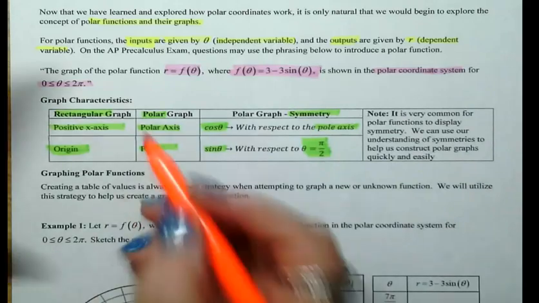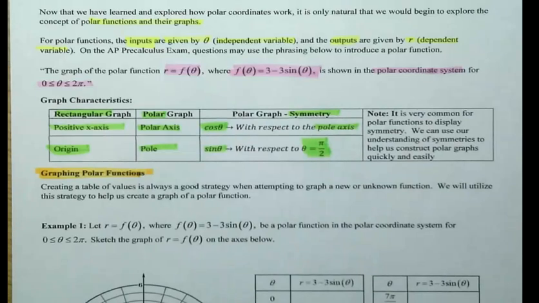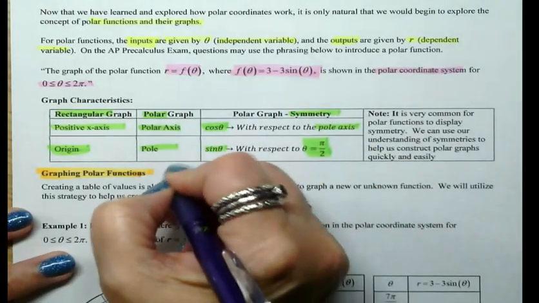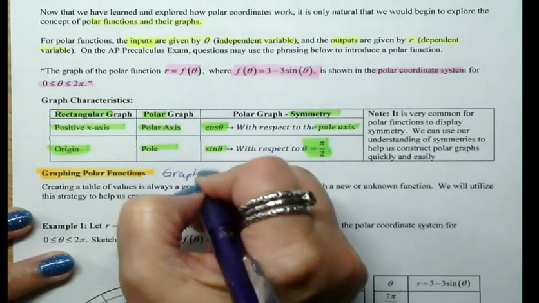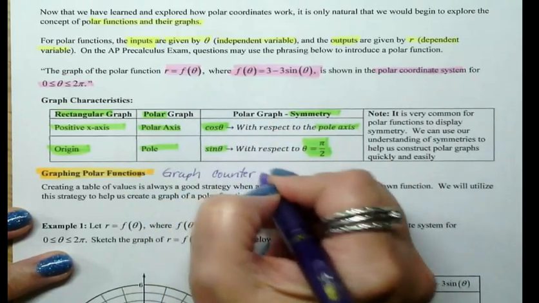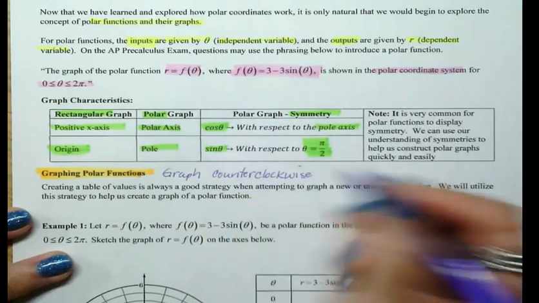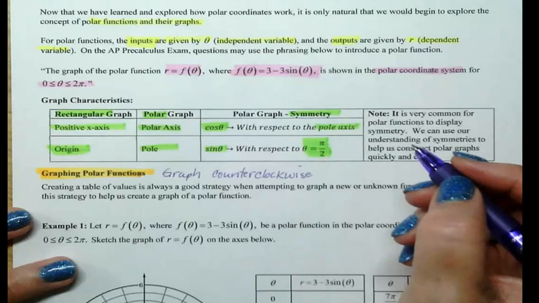The first thing we're going to look at is graphing the polar function. A couple of things you want to be mindful of when graphing a polar function, and this is really important: we always graph counterclockwise from the polar axis.